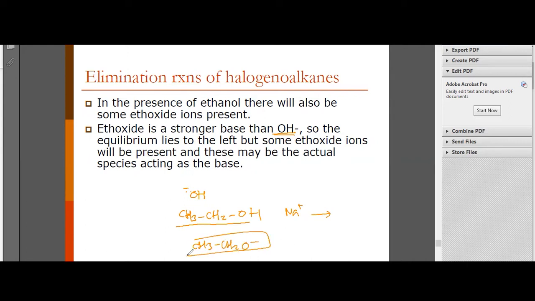So ethoxide ion could be formed in the presence of NaOH. But we just focus on OH minus here as a base, not the ethoxide, though ethoxide ion could be present.